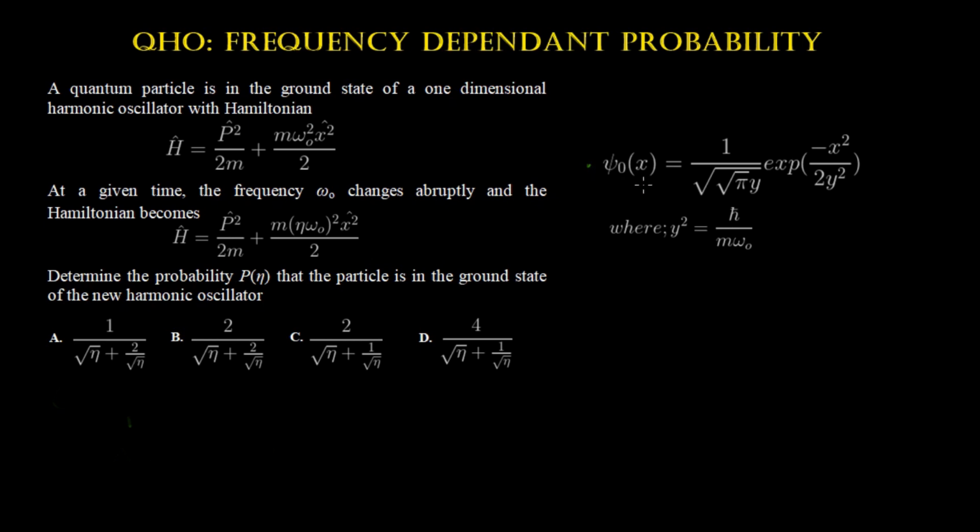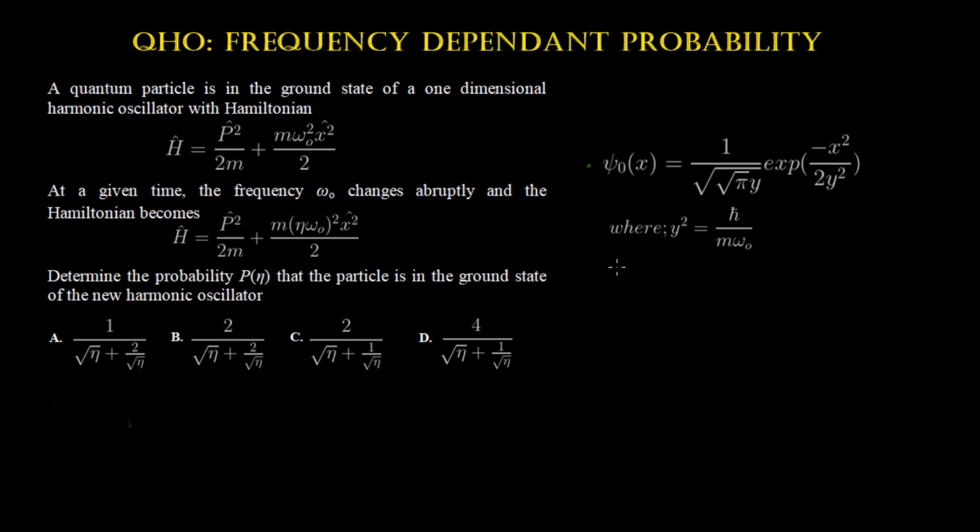The initial state of the system, psi naught of x, is like this, where y is the square root of h bar divided by m omega naught. Here in the question, the frequency is changing abruptly, so the system will move to a new state.